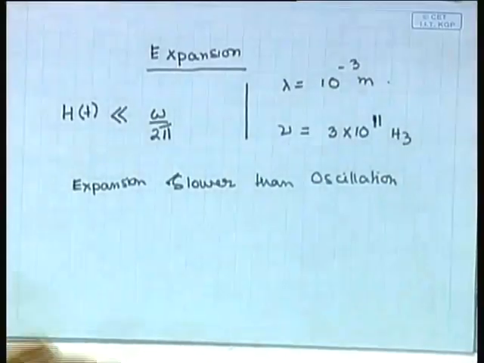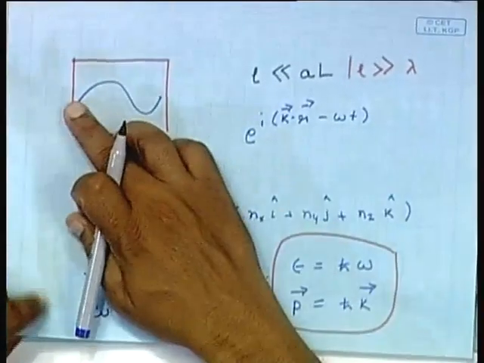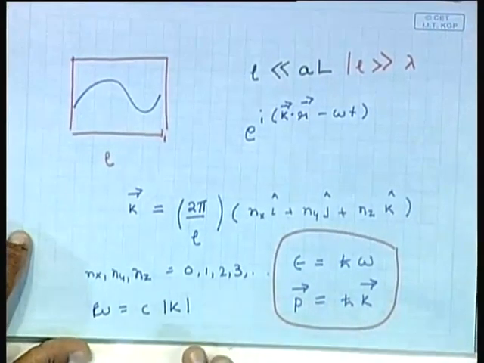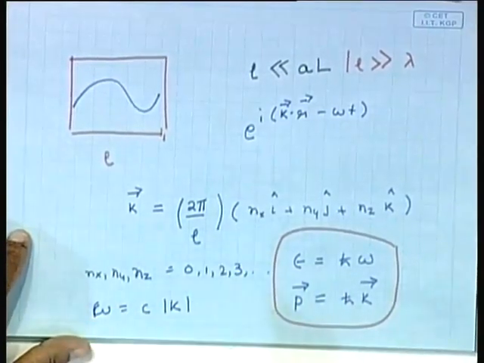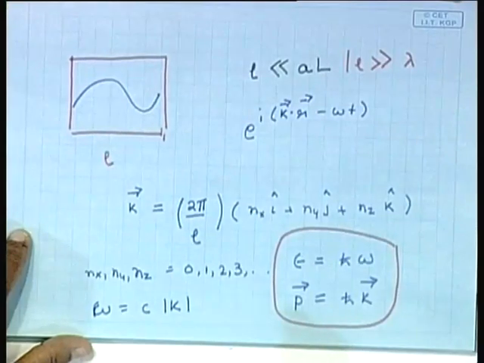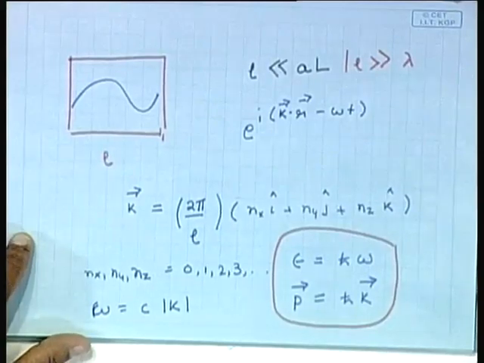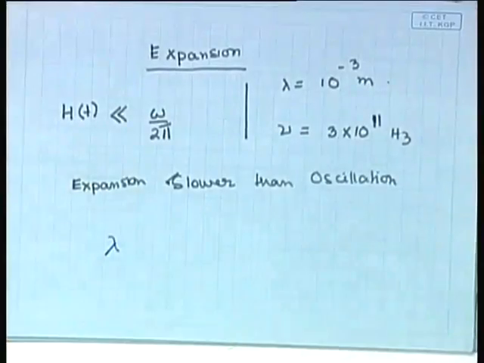So, if the expansion is extremely slow, then what you can say is that each such mode or wave remains unchanged under the expansion, except that its wavelength and frequency get changed, that is all. Okay. This would not be true if the expansion rate were comparable to the oscillation frequency, but if it is much slower, as it is the case here, we can assume that all that happens due to the expansion is that the wavelength corresponding to a mode gets changed.